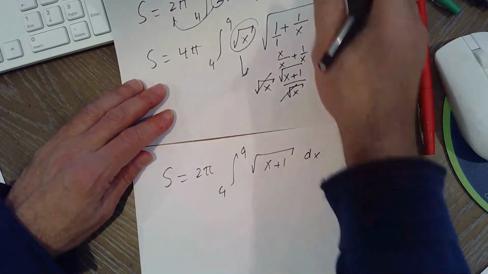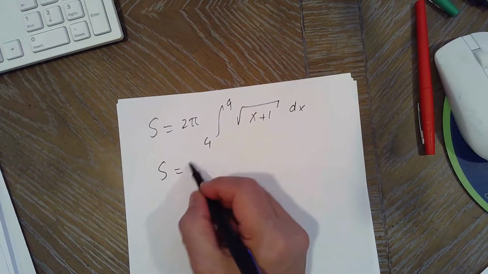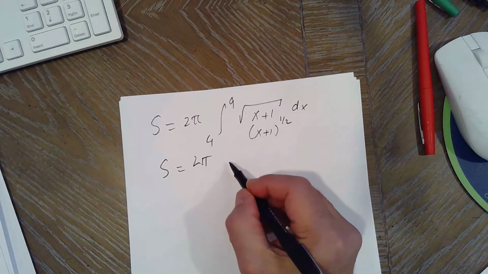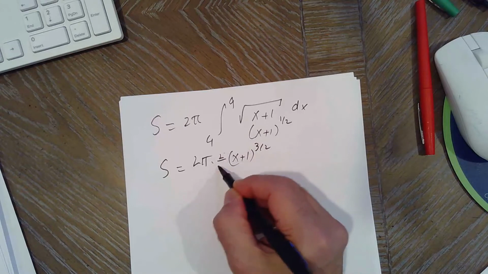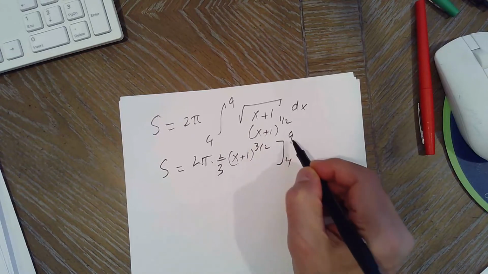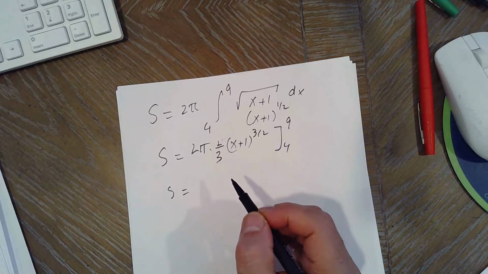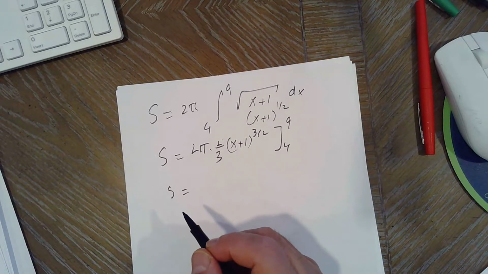Now we want to integrate. So it's 2 pi. Now this is x plus 1 to the 1 half, so it's x plus 1 to the 3 halves times 2 thirds, between 4 and 9. I think I'm missing a 2. There was a 2 there.